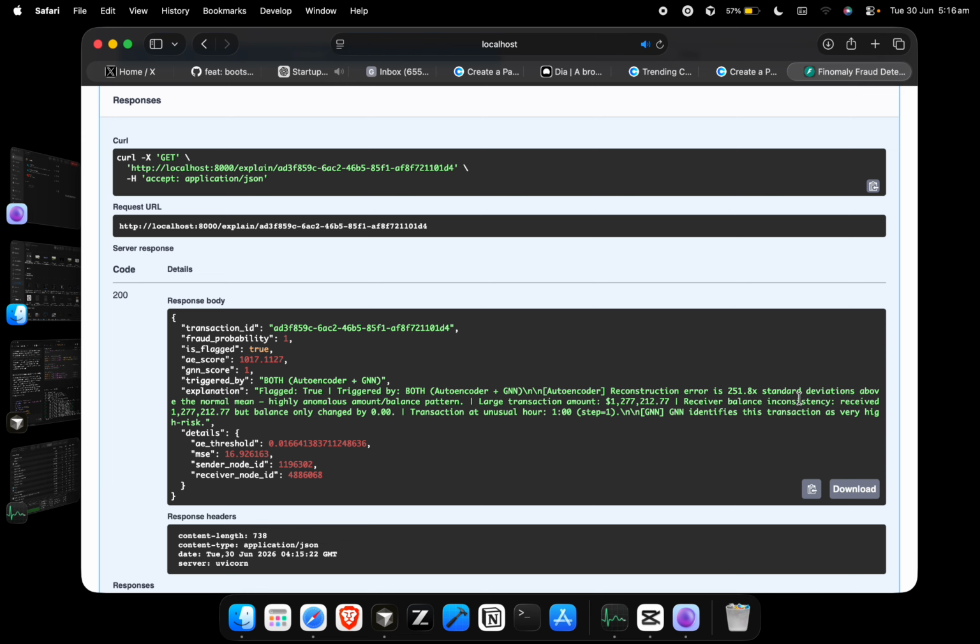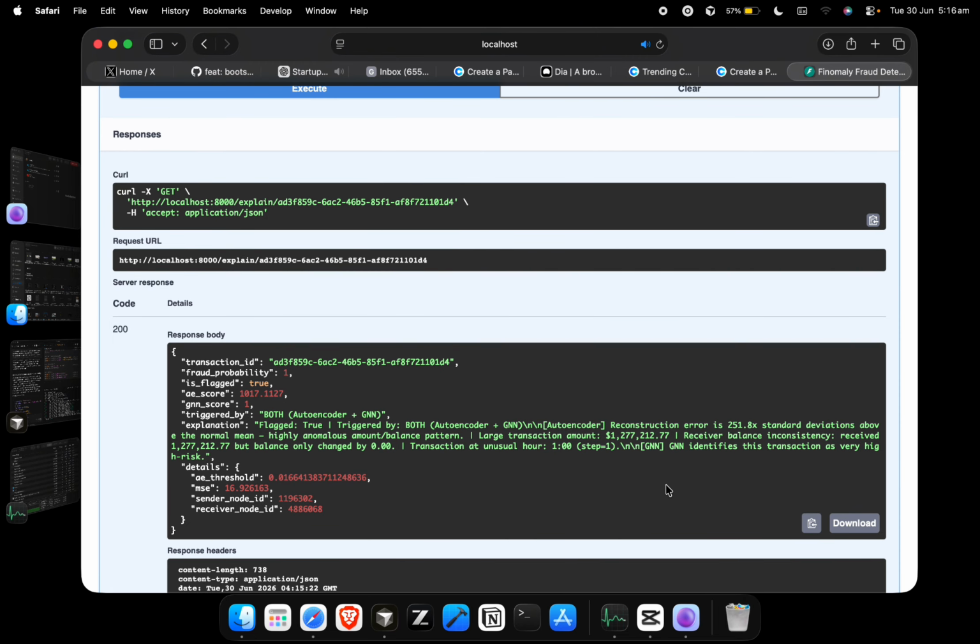Receiver balance inconsistency: he received $1.2 million, but the balance only changed by nothing, 0. And the transaction was at an unusual hour. So the GNN identifies this transaction as a very high risk transaction. So that's basically the end of this video.